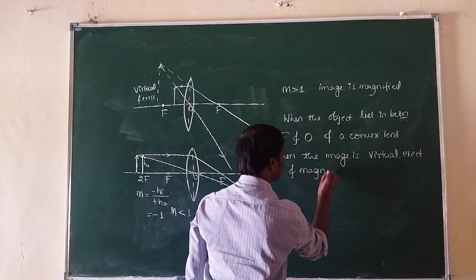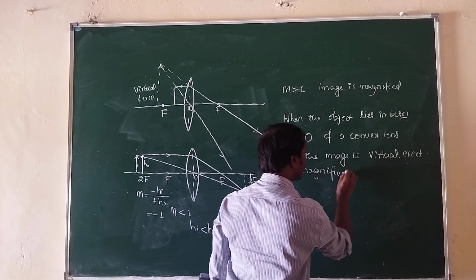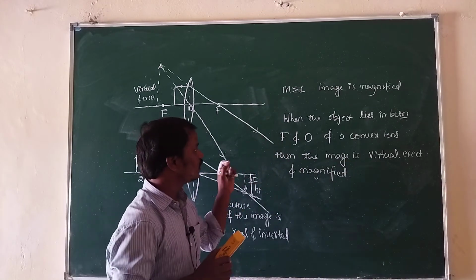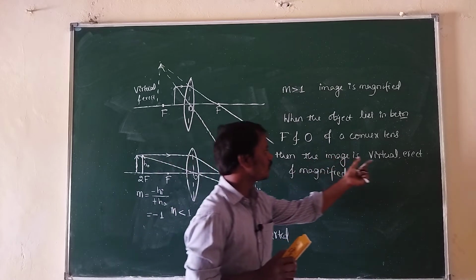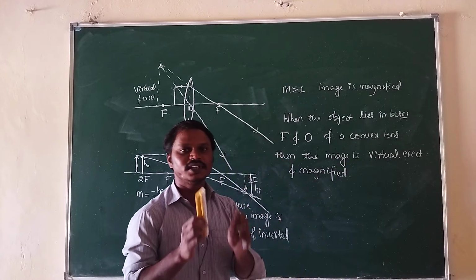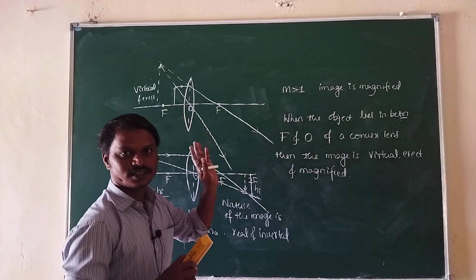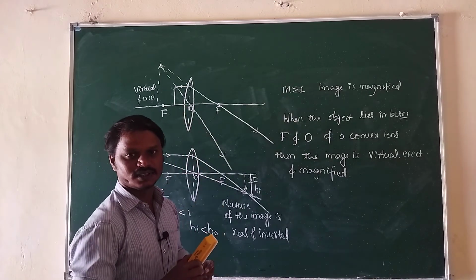So this is in case of convex lens. So when does the image formed by the convex lens is virtual, erect and magnified? Only when the object lies in between principal focus and optical center. Remember this point, this is very important.